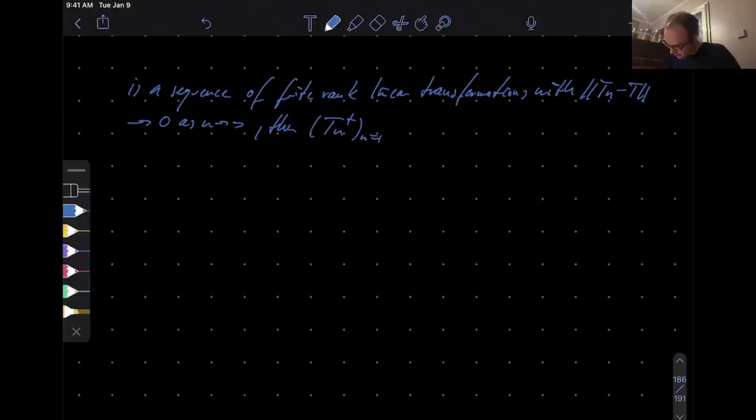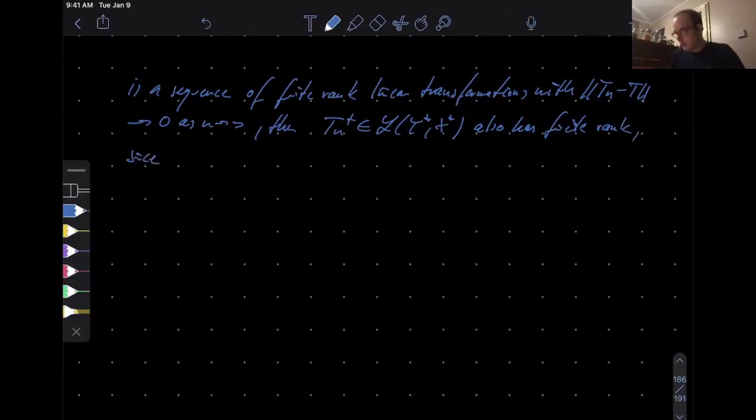Well, first off, it is a sequence that we know, of course, in here, and I claim it also, maybe I shouldn't write the sequence, just Tn. How about that? That's probably better. Then Tn in L(Y*, X*) also has finite rank. Why is this?